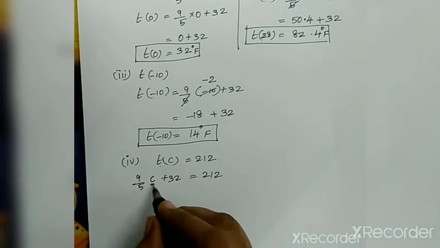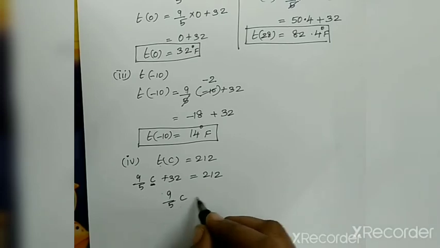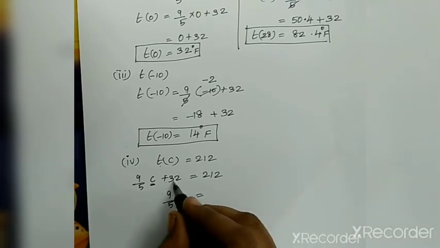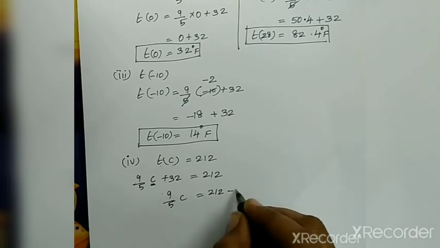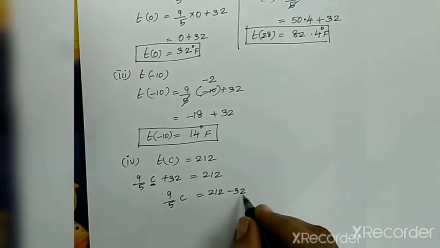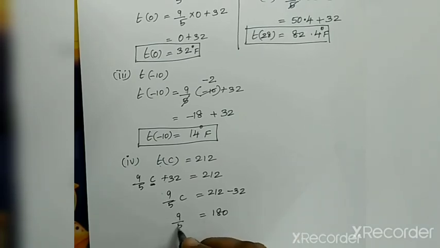We have to find the value of C here. So keep the 9 by 5 into C here and bring the plus 32 to that side. We will get 212 minus 32. When subtracting, we will get 180 equals 9 by 5 into C.